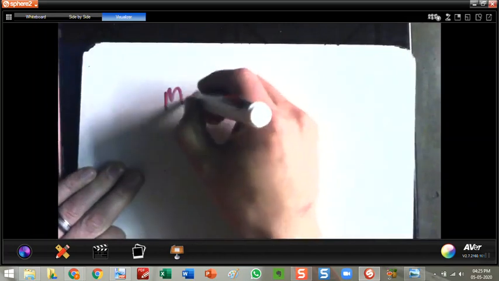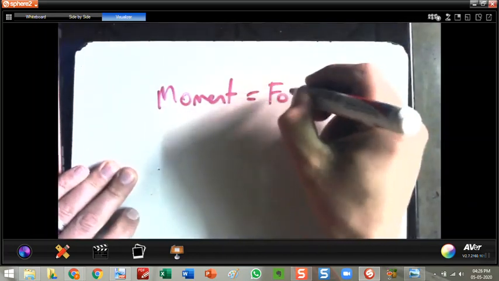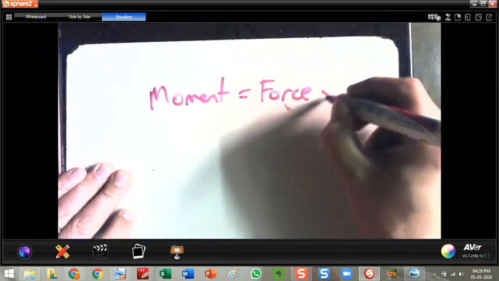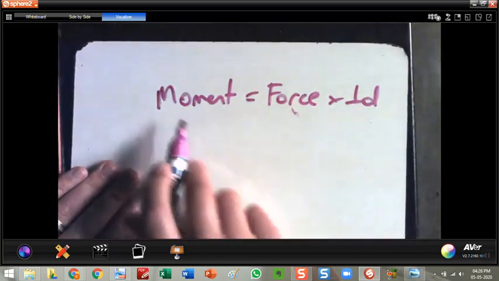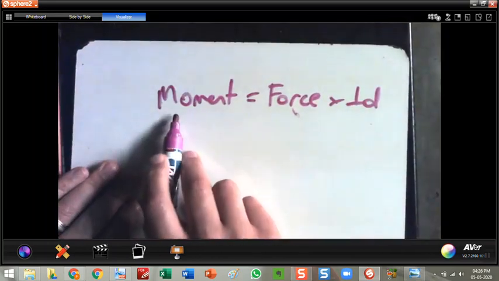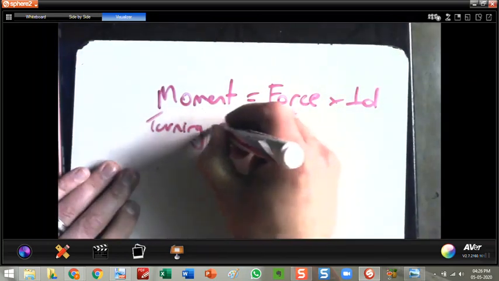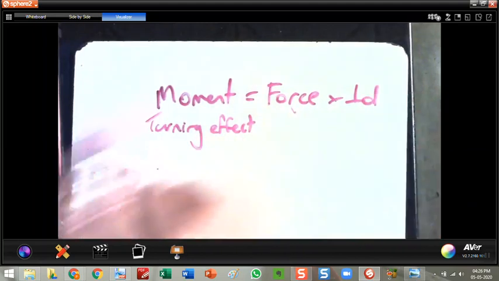So the moment of a force is the force times the perpendicular distance. The moment, also known as the turning effect of a force, is the force times its distance.